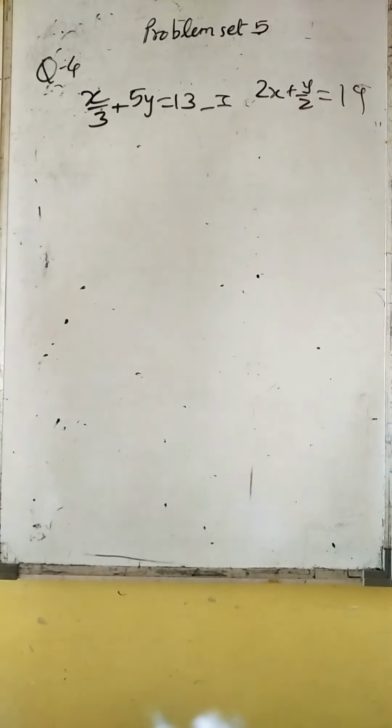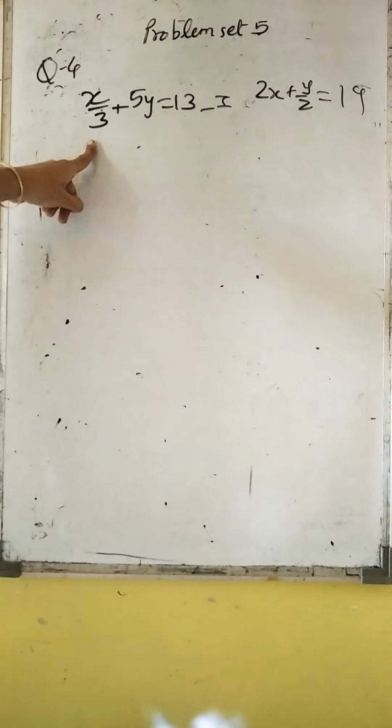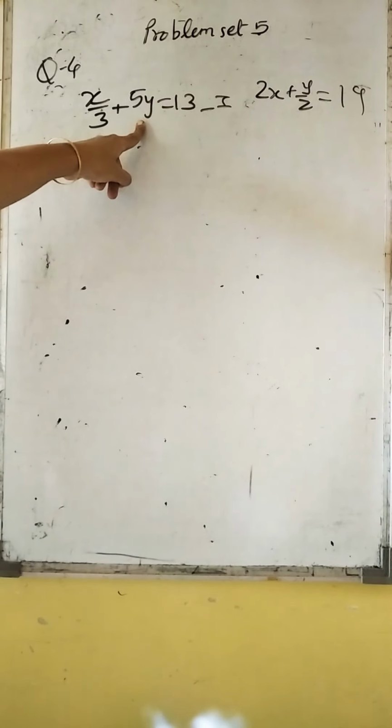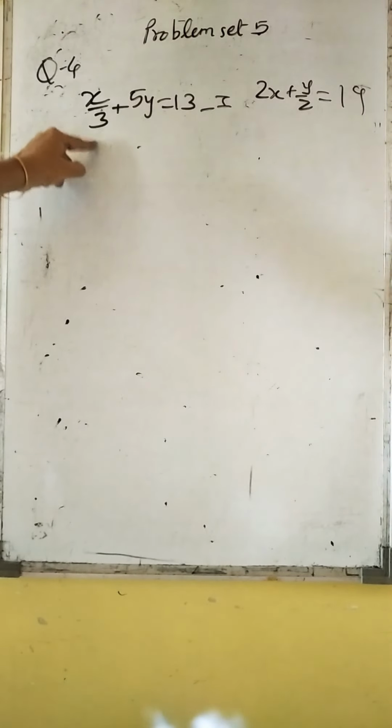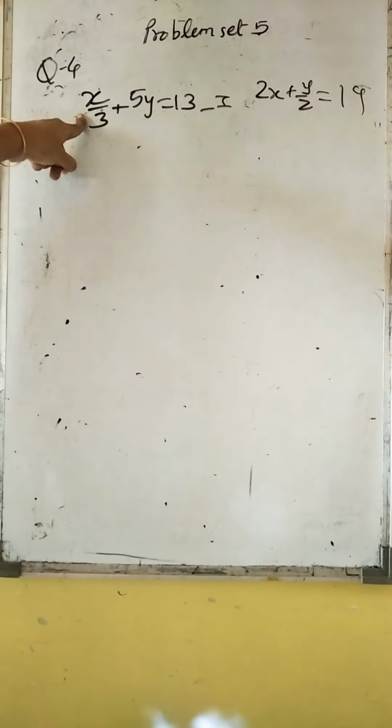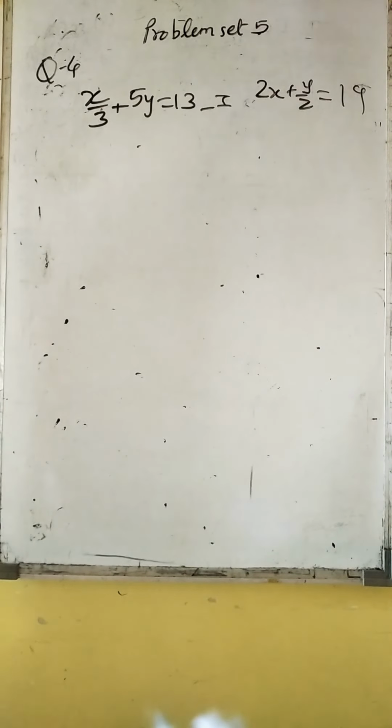Whatever is alone in the denominator, multiply by it, there is no problem with this. We are a little frightened when the denominator comes. So whatever part is in the denominator, multiply the equation by it.